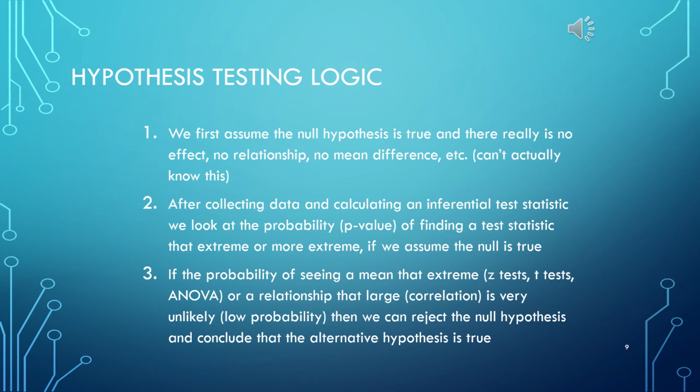Or we could say that a slightly different way using a different example. After collecting data on whether a certain teaching intervention helps people read faster, once we find the average of the people that actually took the intervention and went through some program to help them read better, we compare it to the mean of people who didn't go through that program, and we say, okay, what's the sheer probability that people can read this much faster if we assumed there actually was no effect of that intervention?